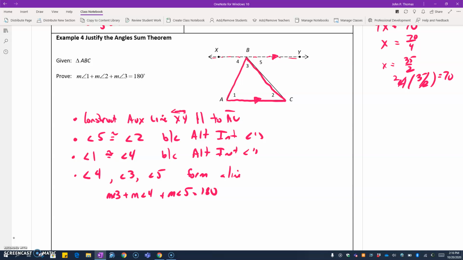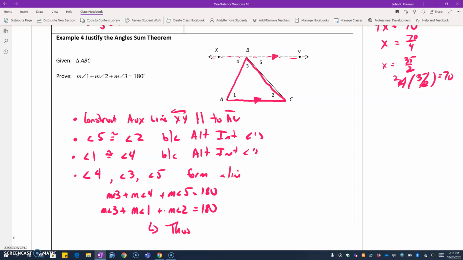We know that 4 is the same size as 1, so measure of angle 1, I'm going to do a substitution, and then we're going to keep angle 3 as is, but we also know angle 5 is congruent to angle 2, so I'm going to put an angle 2 in there. All right, at that point, with just some substitutions, notice we have measure of angle 1 plus measure of angle 2 plus measure of angle 3 equals 180 degrees.